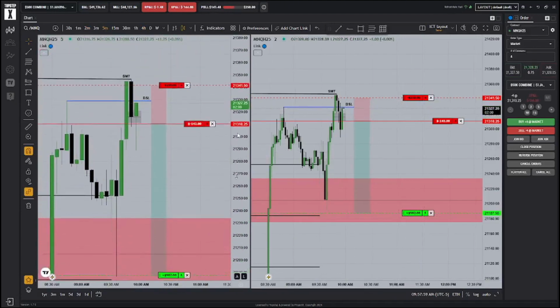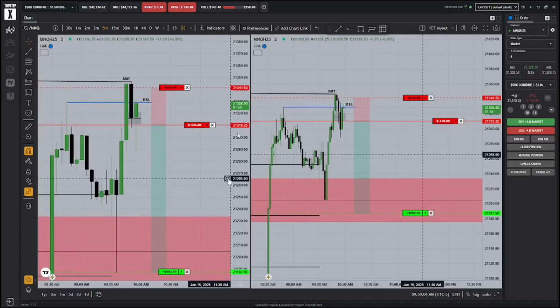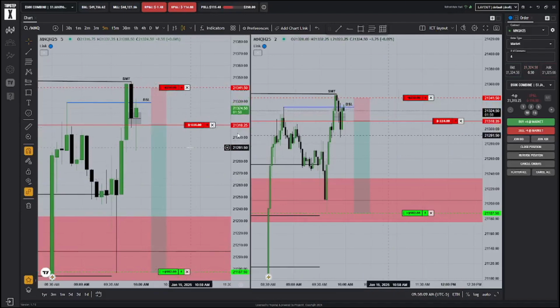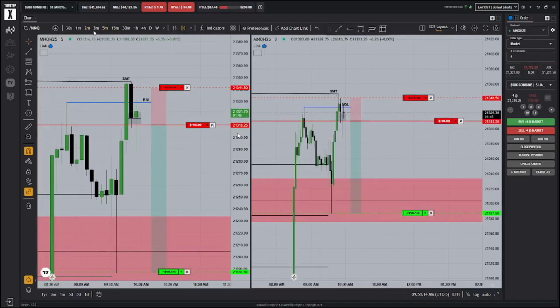As you can see, price is jumping around right now, going towards our stop, which is not ideal. Do not want price going towards our stop.